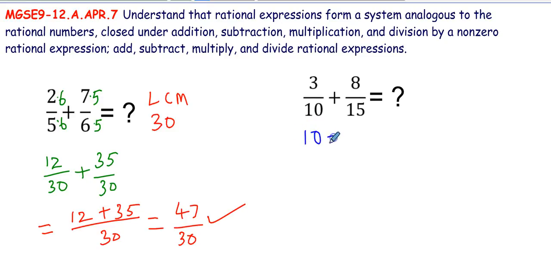Let me show you. The factors of 10: I can write 10 as a product of prime factors, that is 2 times 5, and 15 is written as 3 times 5.